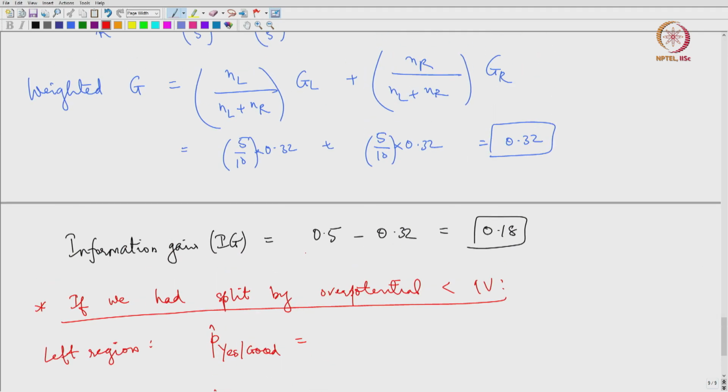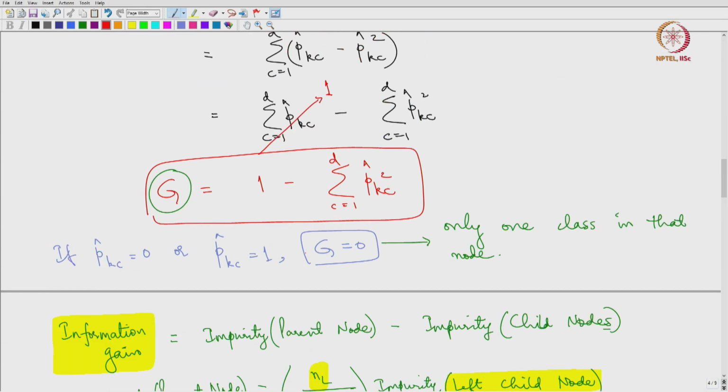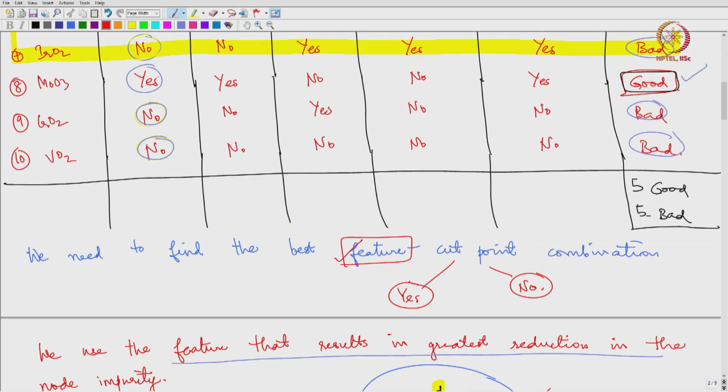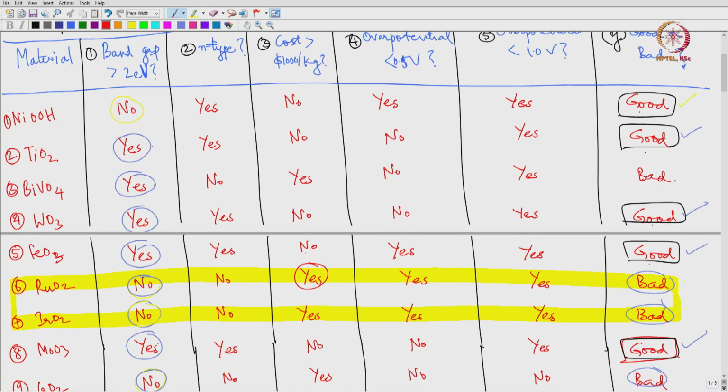So, if you look at overpotential less than 1 volt, p hat yes good would be half. Okay. So, overpotential less than 0.5.